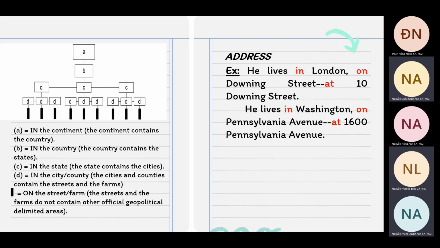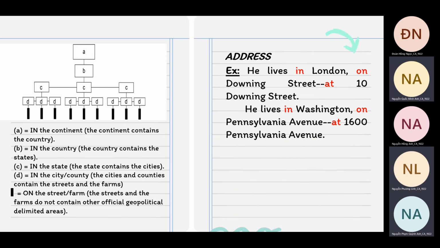The continent contains the country. And we also use in for the country, the state, and the city or the county, the same as the continent. But we use on for the street or farm because the streets and the farms do not contain other official geopolitical delimited areas.